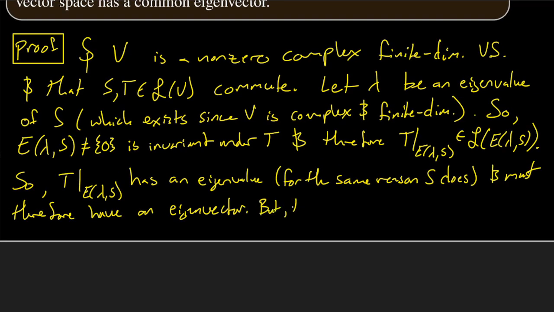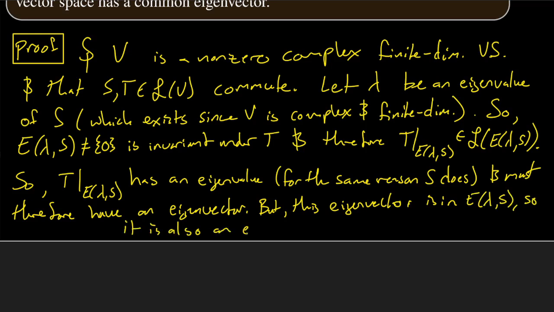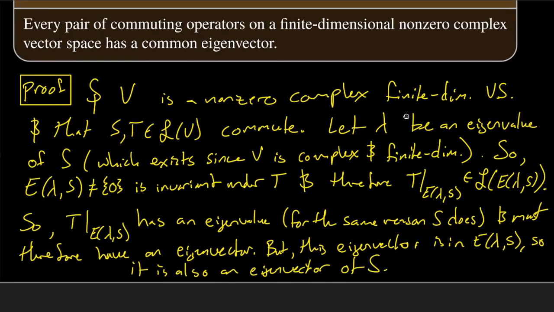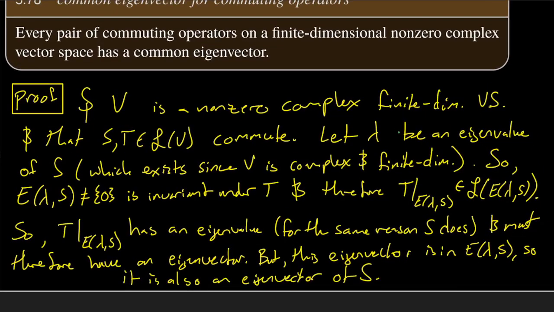But this eigenvector is in E lambda S, so it is also an eigenvector of S. Hey, they have a common eigenvector. Cool. All right, let's keep it going. Let's do some more.